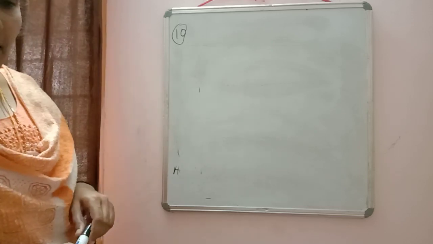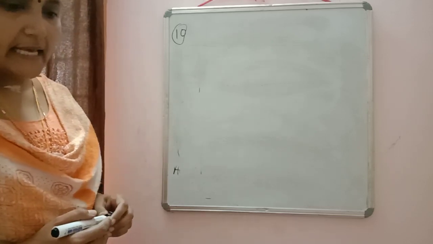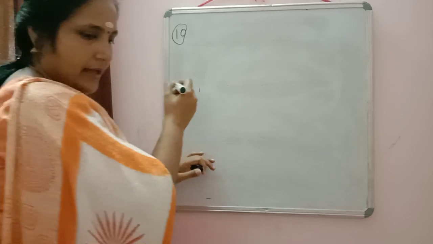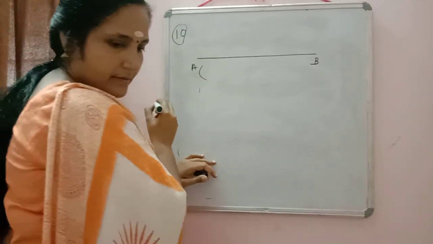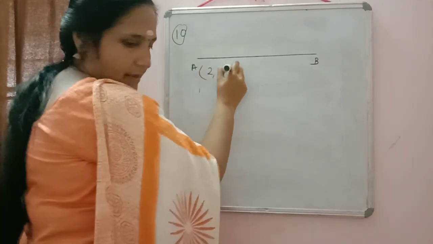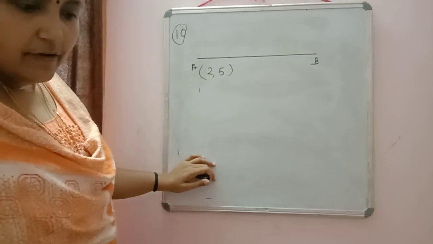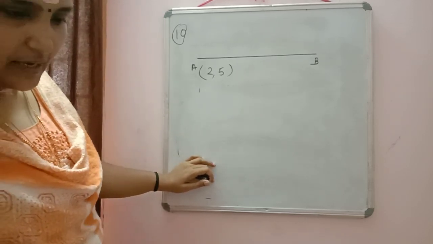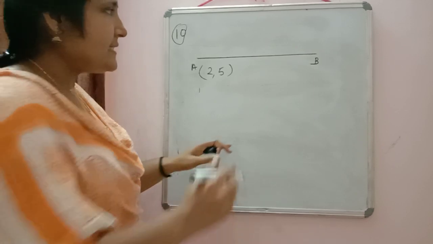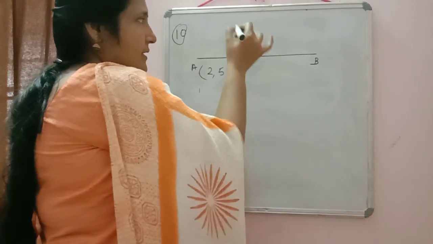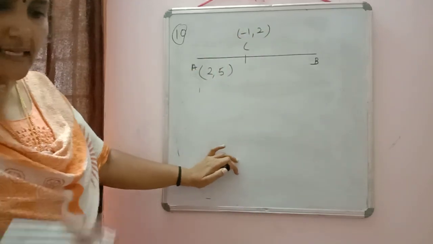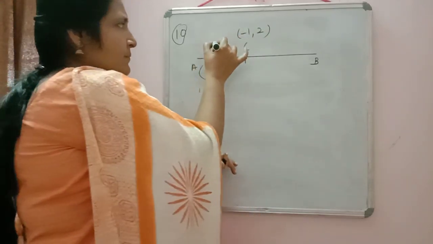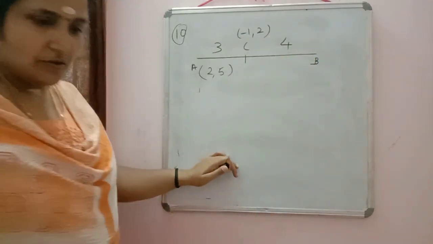The next one is, if the point C minus 1 comma 2 divides the line segment joining A and B, where coordinate of A is given 2 comma 5 and coordinate of B not given, that we have to calculate. The point C whose coordinate is minus 1 comma 2 divides the line segment AB in the ratio 3:4.